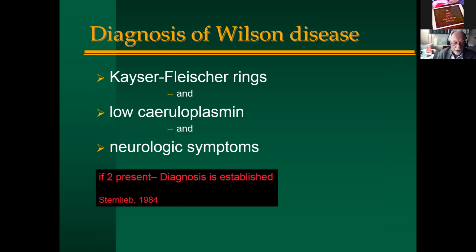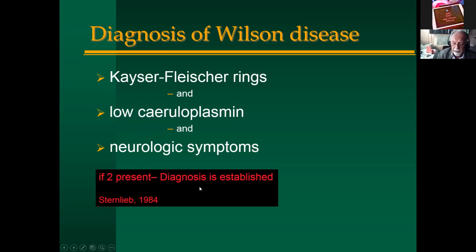How to diagnose Wilson's disease? Basically, it's quite a difficult issue if the typical findings are not present. Dr. Sternlieb 30 years ago defined the diagnosis if you had Kaiser-Fleischer rings, ceruloplasmin, and neurologic symptoms.